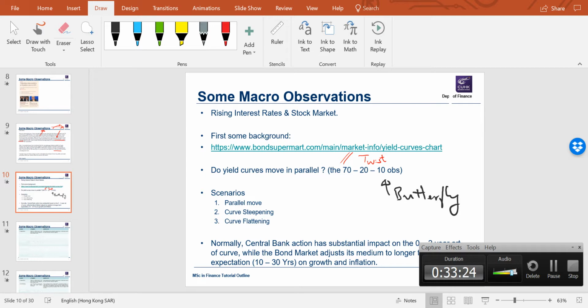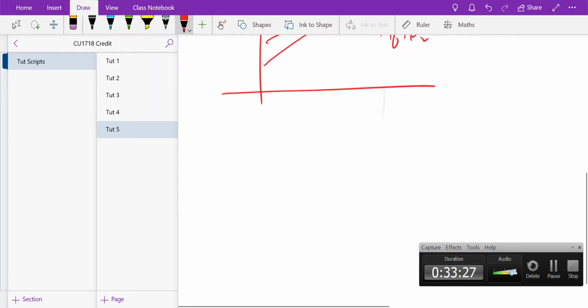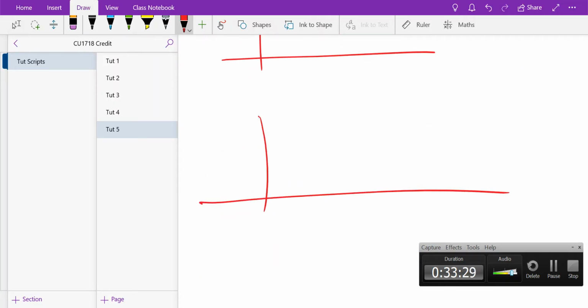The name is not important. Butterfly means this. The curve looked like that before, and then the shape changes. So this is not a parallel move. This is not flattening or steepening either. It's a bit of both. She said curvature, that's exactly the word. So the curvature has changed.